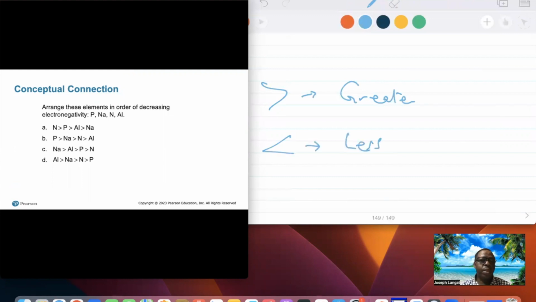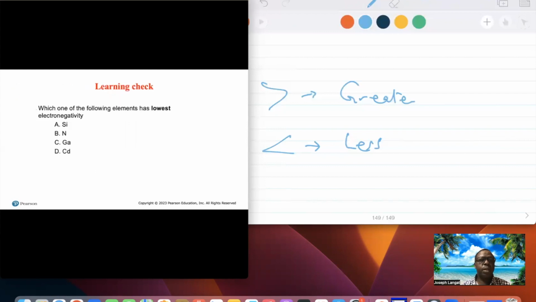I'll read this as nitrogen is more electronegative than phosphorus, which is more electronegative than aluminum, and that is more electronegative than sodium. Remember, sodium is on the far left of the periodic table, so it's going to be the least. Nitrogen will be at the top, far right. Given this pattern, you can use the elimination method and come to a conclusion. So the correct answer is A.